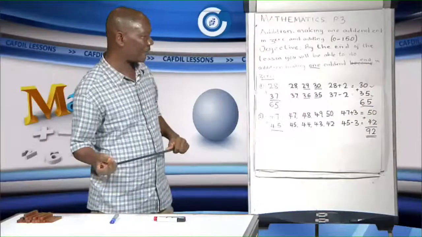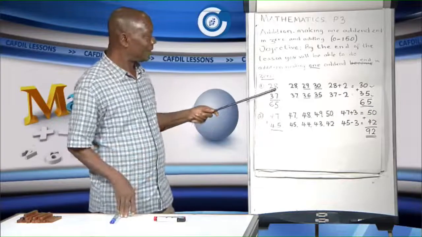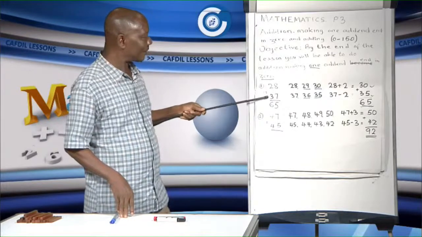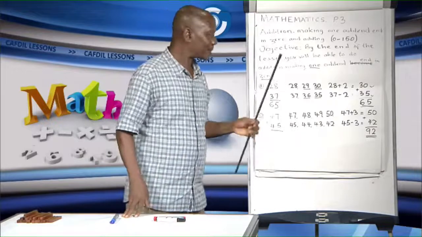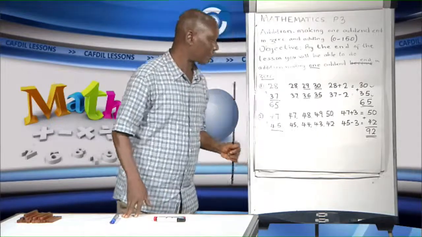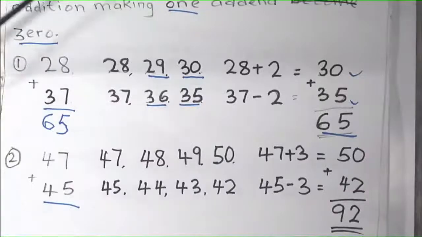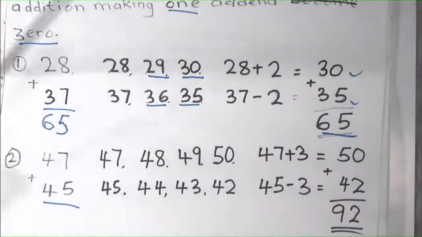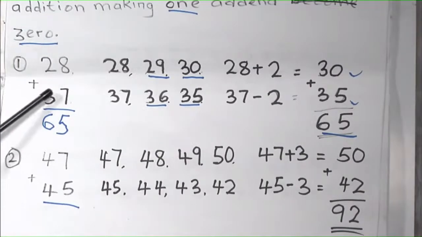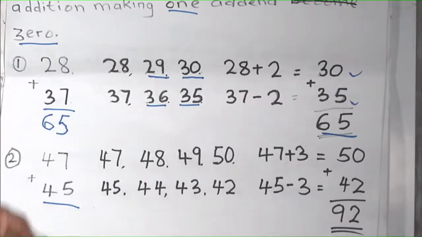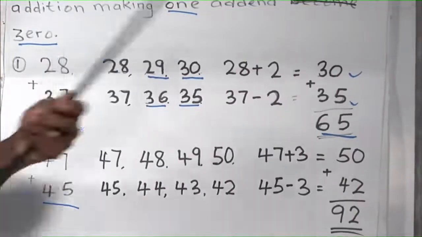Question 1, we have 28 plus 37. We said one of the addends should end in zero. So 28 and 37. We are choosing 28 to be the number that will end in zero.